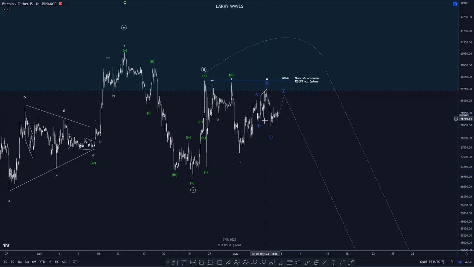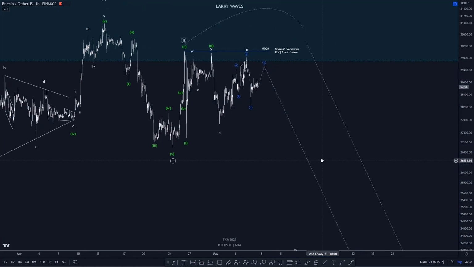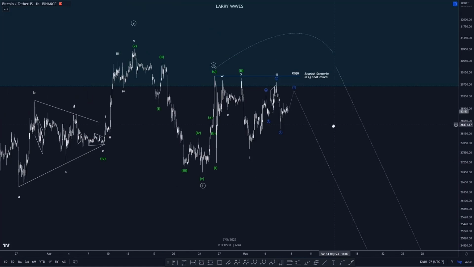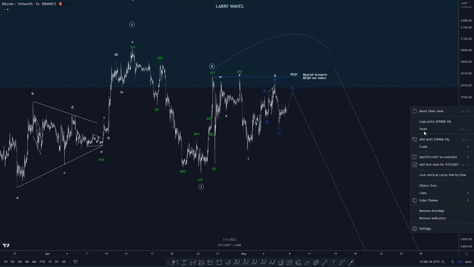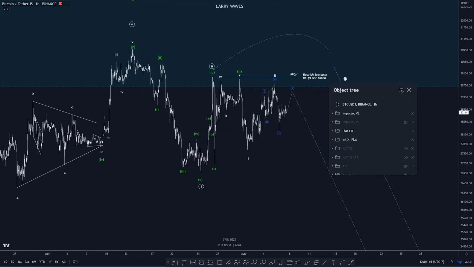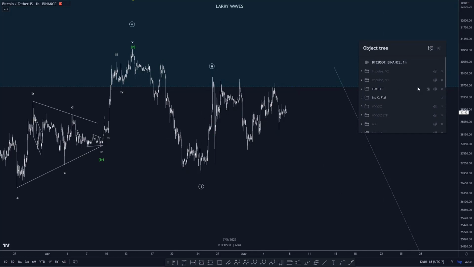Then we impulse down, looking for just one more pop up for this wave 2, and then we start breaking down here. So this is basically the bearish scenario if we do not take these highs right here. This basically encompasses our flat pattern that we've been monitoring.